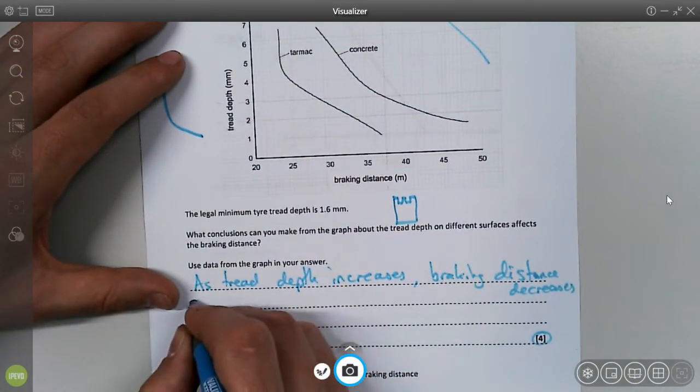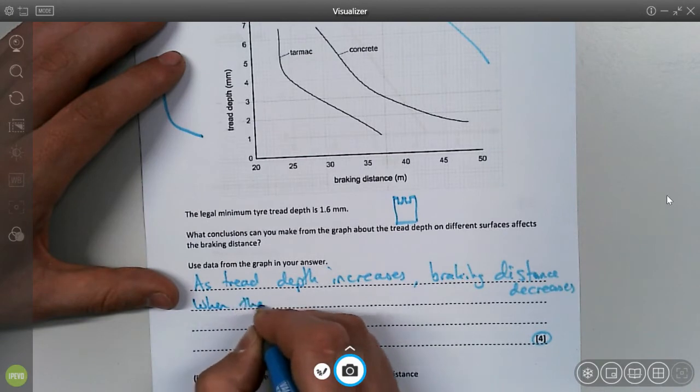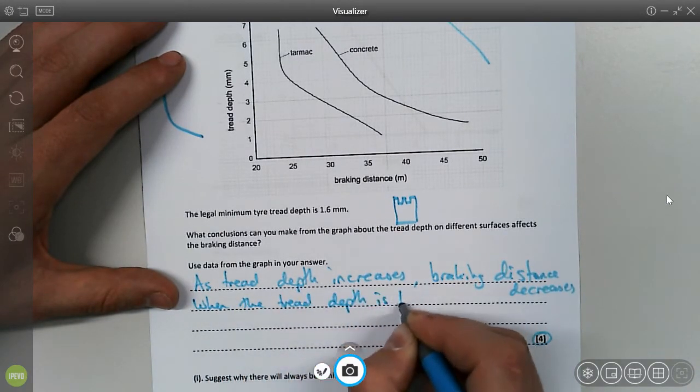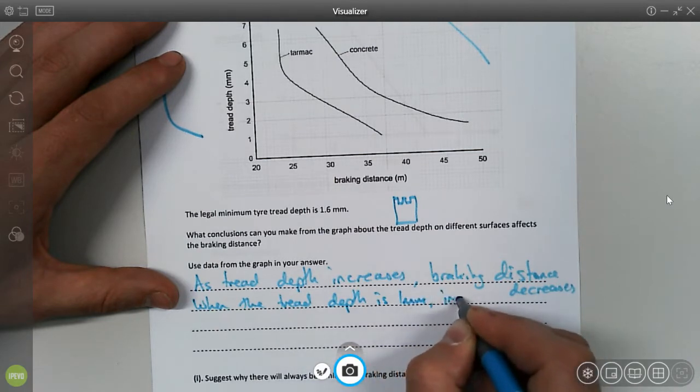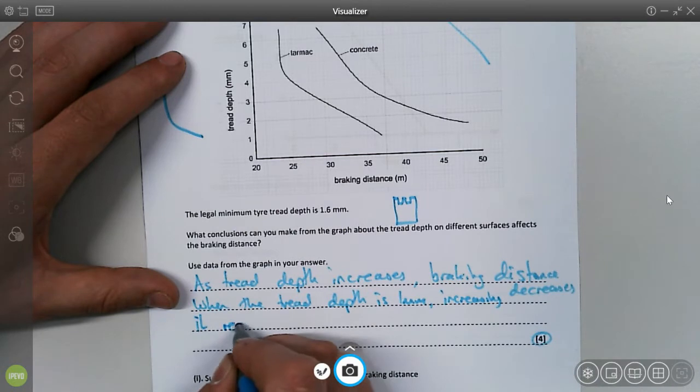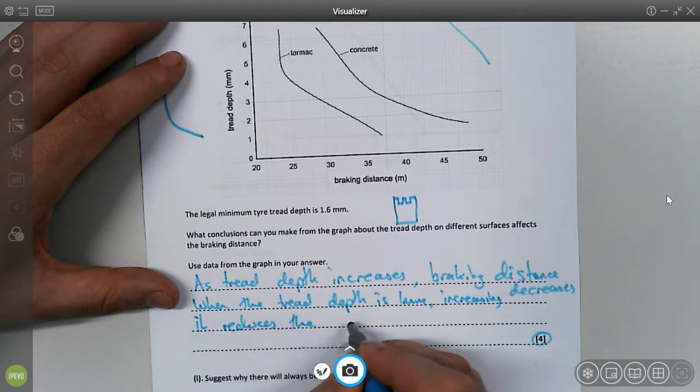So we could say something like, when the tread depth is 1 millimeter, increasing it reduces the braking distance a lot.